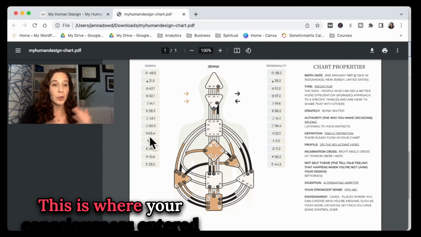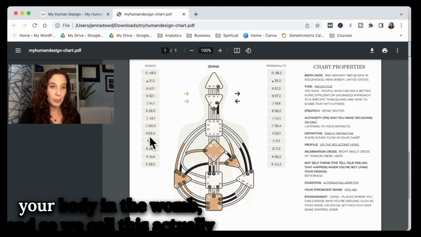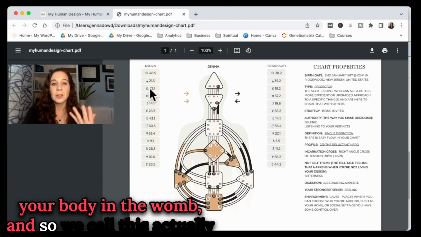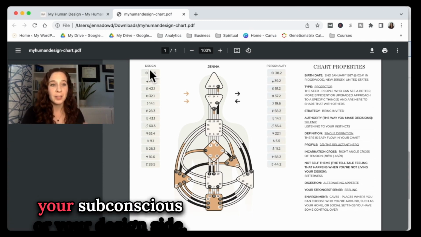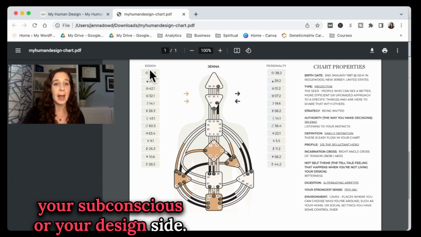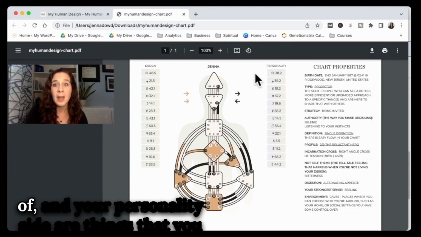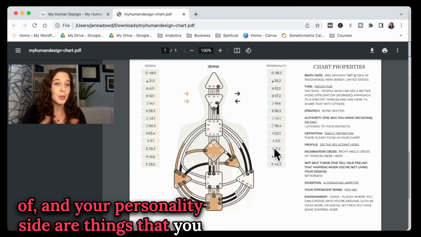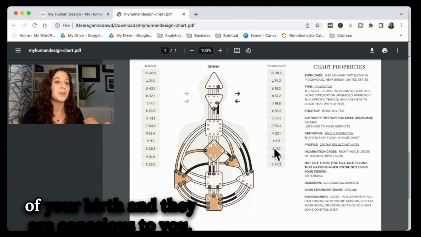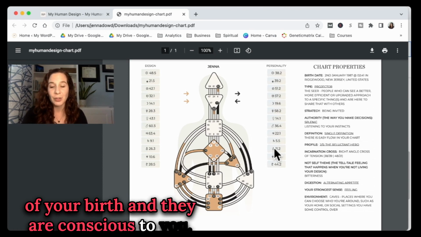This is where your consciousness entered your body in the womb. And so we call this your subconscious or your design side, because these are qualities that you might not be aware of. And your personality side are things that you are aware of because they're at the moment of your birth and they are conscious to you.